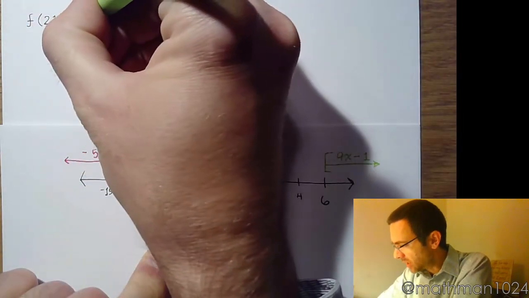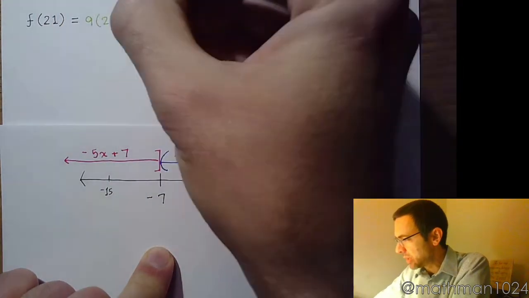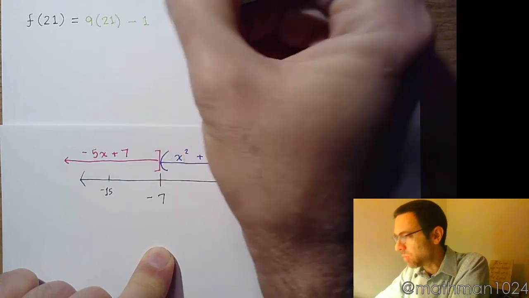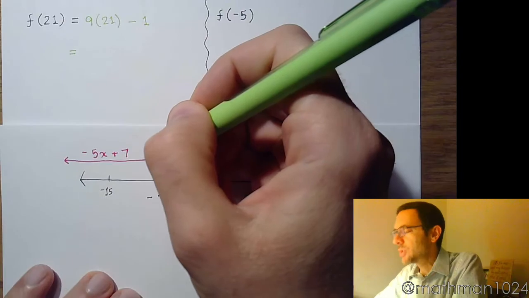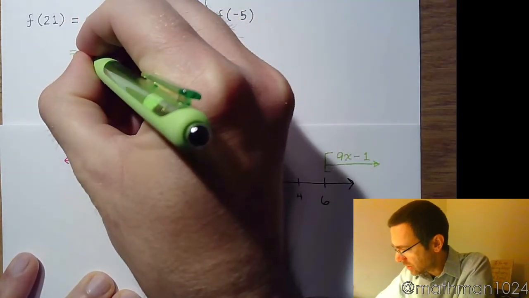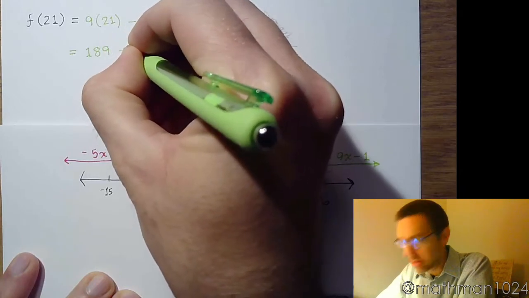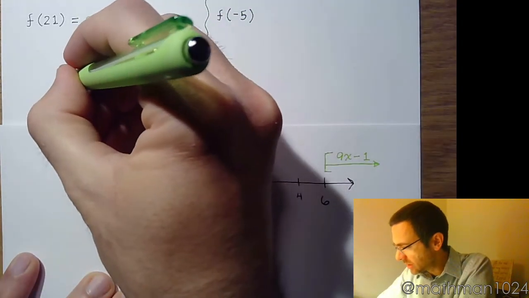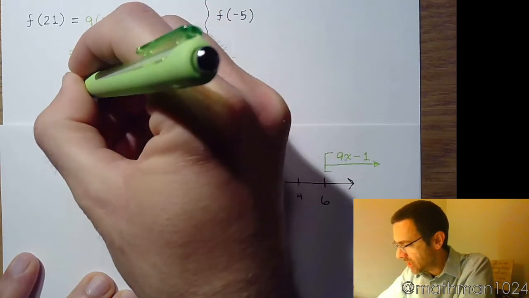So this is 9 times 21 minus 1. All right. So let's see. 9 times 21 is 189, minus 1 gives us 188.